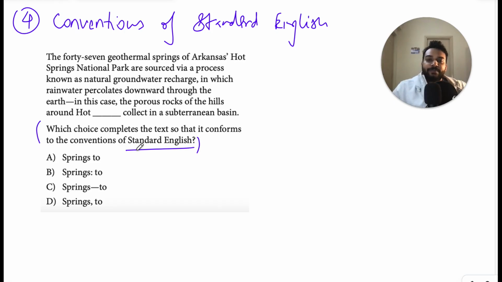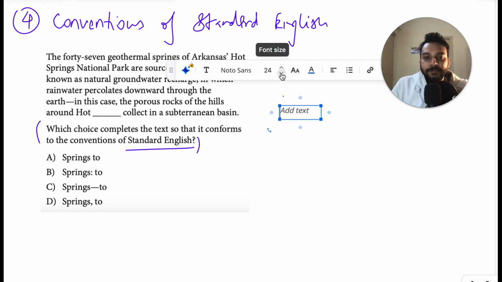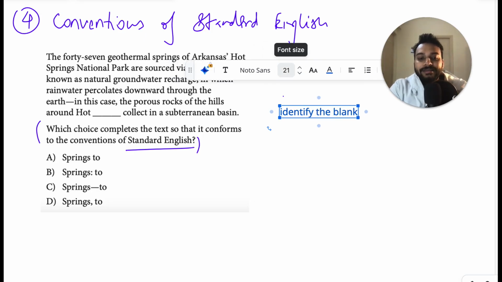Okay, so this is how we identify this part. How do we do it? First, we identify the blank. Where is it located?